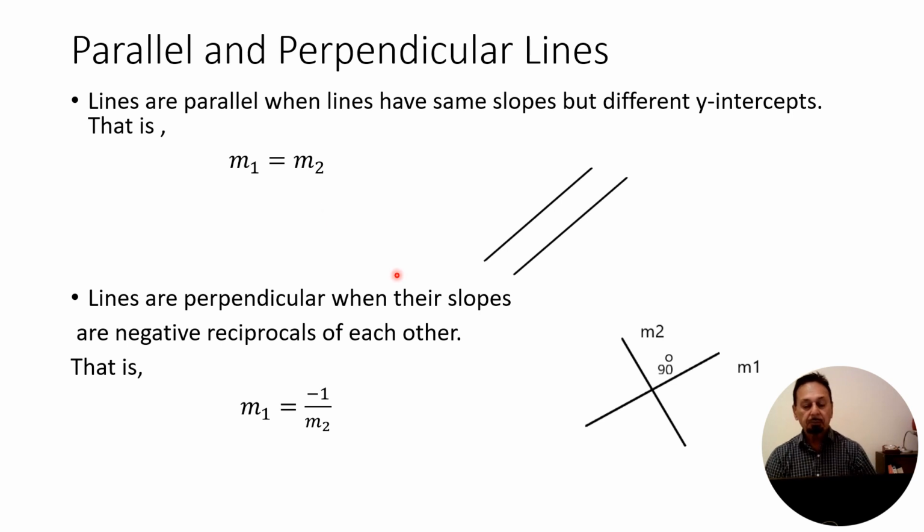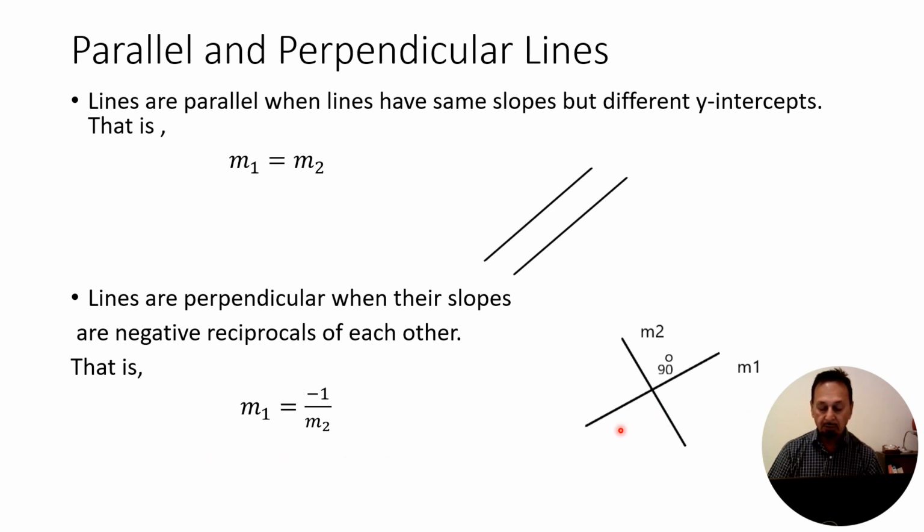What are parallel and perpendicular lines? These lines are parallel, like railway lines. Lines are parallel when they have the same slant, so the slopes are equal. Perpendicular lines make a 90 degree angle. If this line has a slope of m1 and this line has a slope of m2, and they're perpendicular, then one is the negative reciprocal of the other.